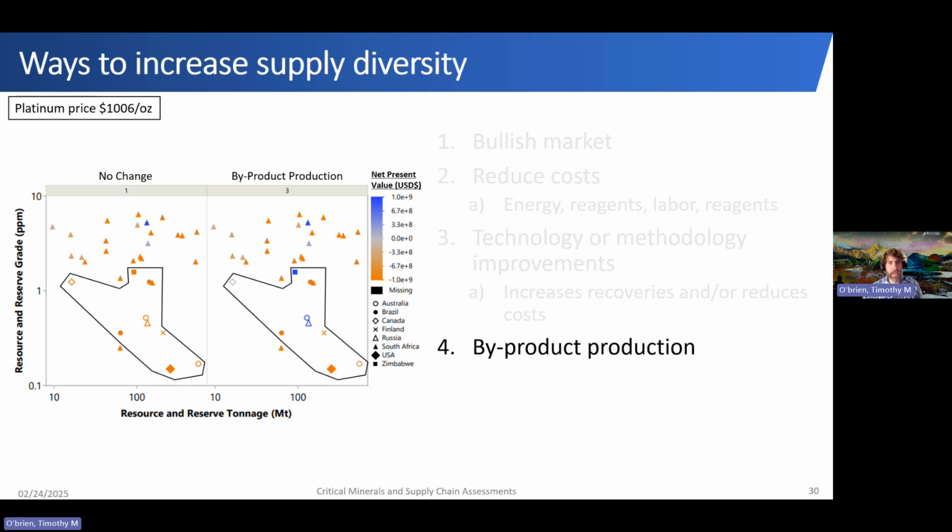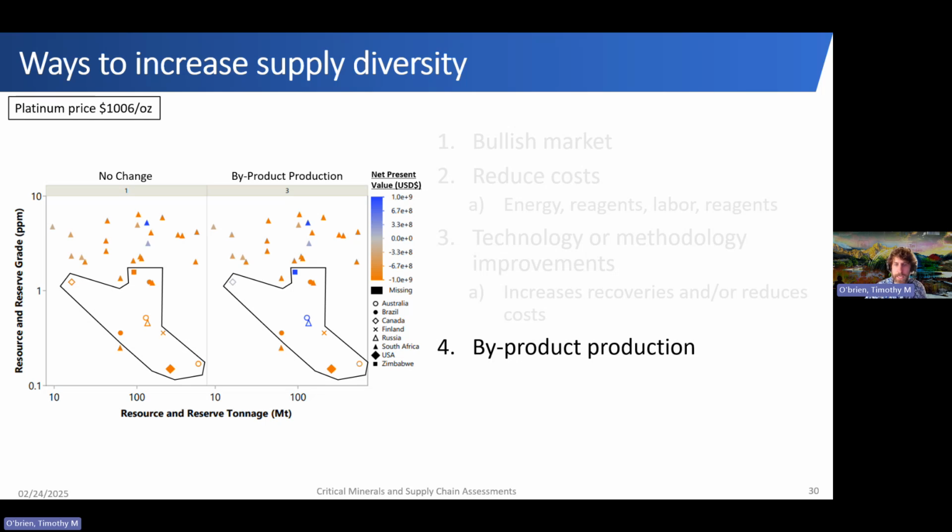And so if we were to sum up the potential production of all the other commodities that can be produced as a byproduct, and the revenue that would be generated from these byproducts, only then do we start to see some projects outside of South Africa start to move, could eventually be economically cost competitive and be feasible.